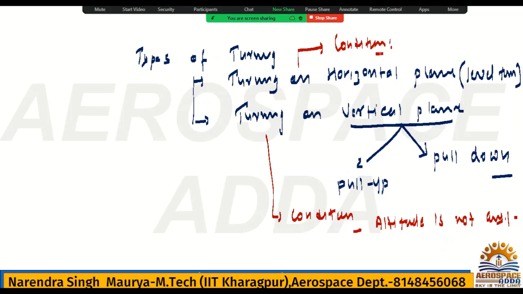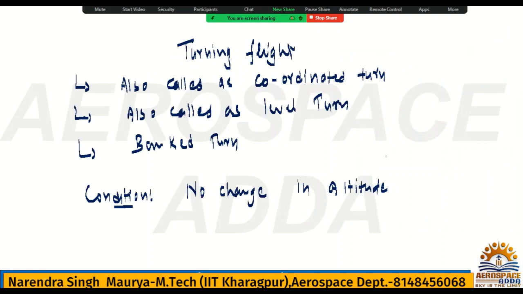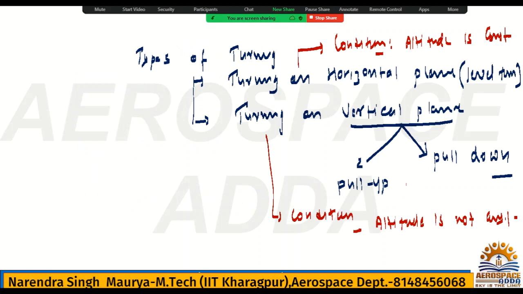As I mentioned in the previous slide also, altitude is constant. See here I have mentioned. Check. So it should be very clear. Two types of turning we have. Turning on horizontal plane will be called a coordinated turn, or a level turn, or a bank turn. But turning on vertical plane we have two types. One is called pull up, another is called pull down. So that will be covered, but last.